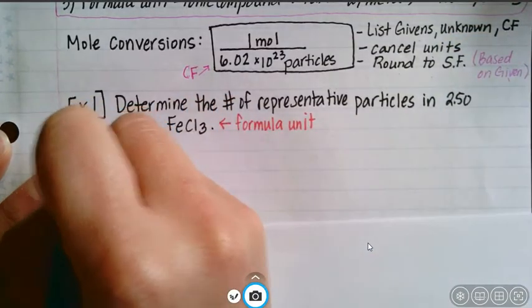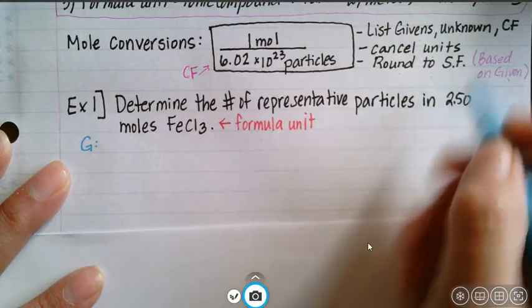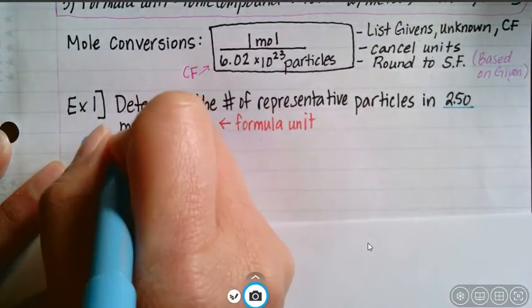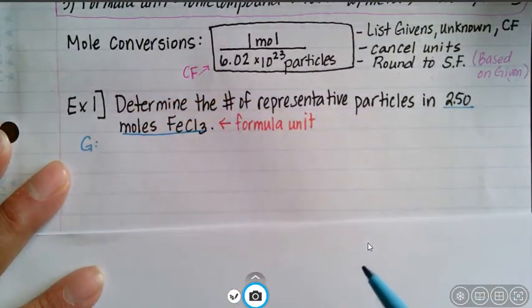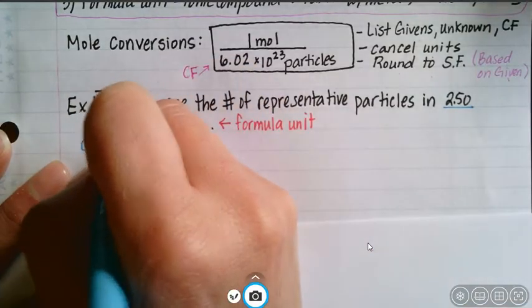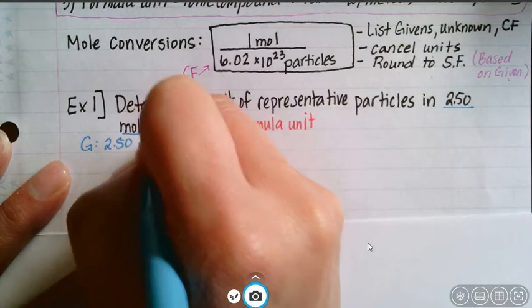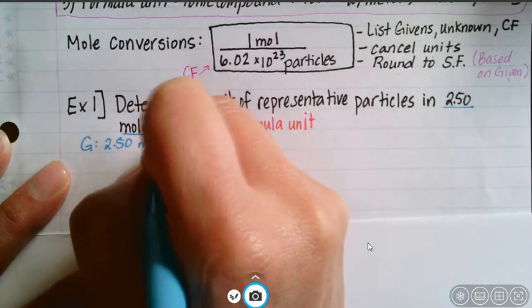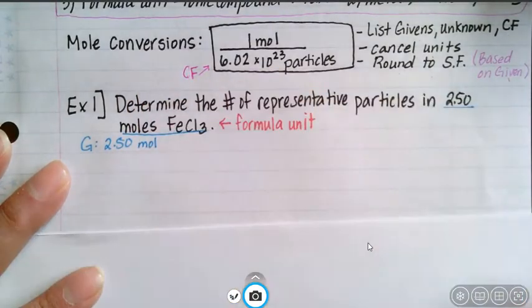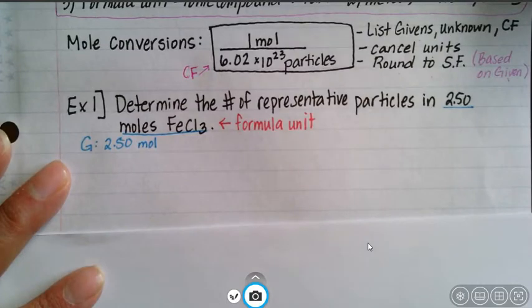All right, so the given is always the number with its unit. So 2.50 moles of FeCl3. I don't like writing the full word moles. Chemists, you'll find, don't have a whole lot of shortcuts, so we just put MOL. That's at least one shortcut.